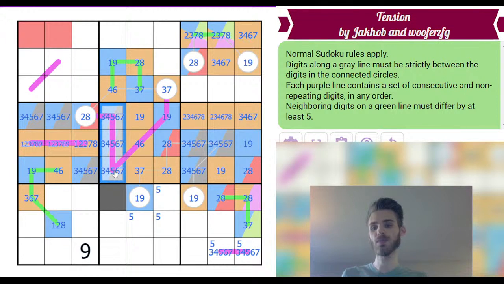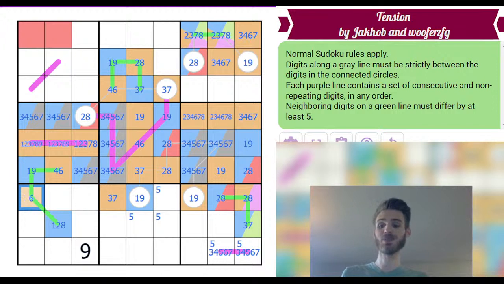It sees a blue 3, 7. It sees 1 and 9. It sees 2 and 8. So it must be 3, 7, and it must be orange. So this one is not 3 or 7, and it must be 6. That's very nice, Woofers. Thank you for that. I'm glad I didn't see that in a different way.